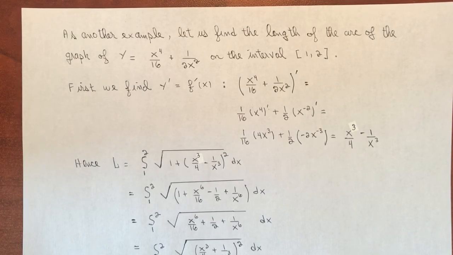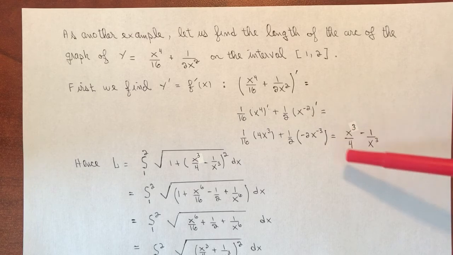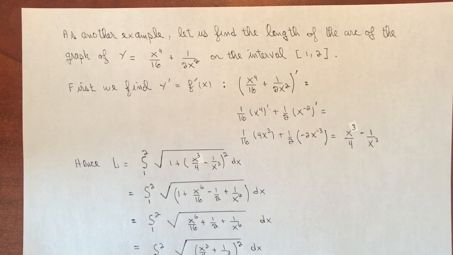So differentiating x to the 4 over 16 plus 1 over 2x squared, we can take out the constants, bring up the x squared on top, it's x to the minus 2. We differentiate x to the 4, we get 4x cubed. We differentiate x to the minus 2, we get minus 2x to the minus 3. We bring down our negative exponents and we simplify our fractions. The derivative of this is simply x cubed over 4 minus 1 over x cubed.